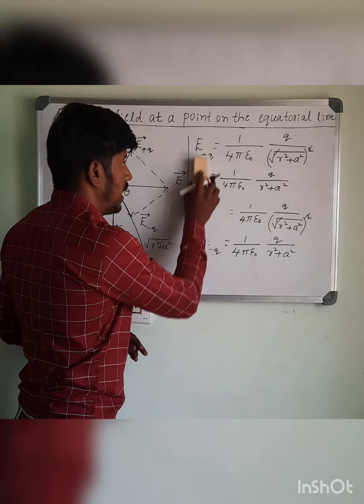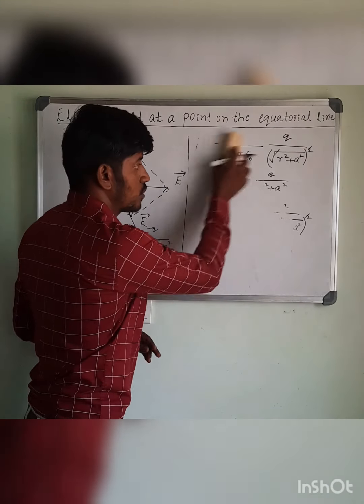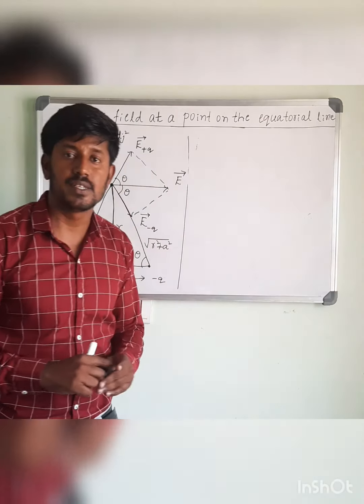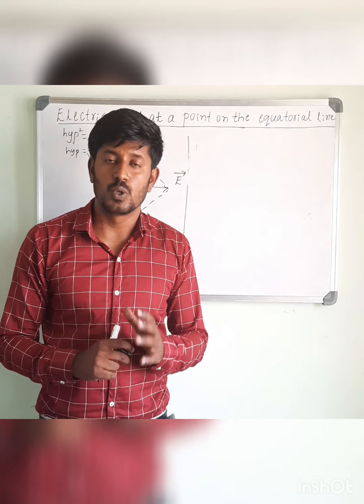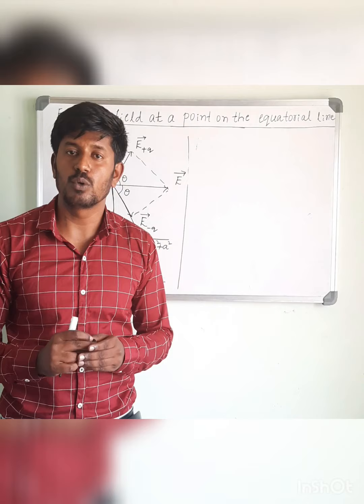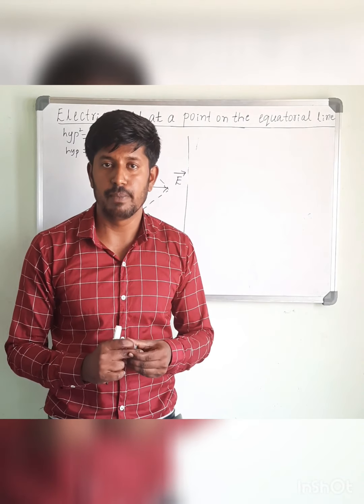Next, total electric field. Whenever we have two or more electric fields, we have to add them. To get the total electric field, we have to use the superposition principle.